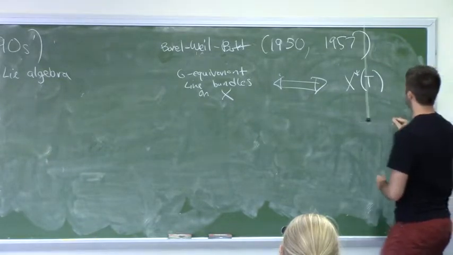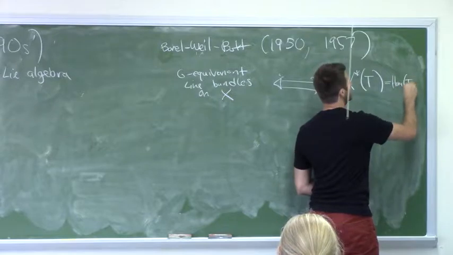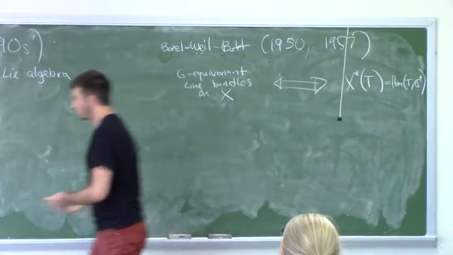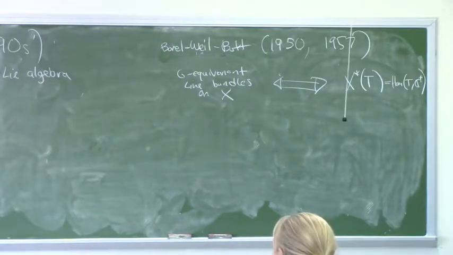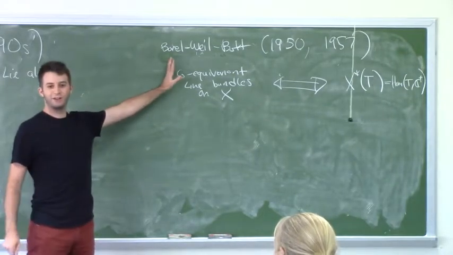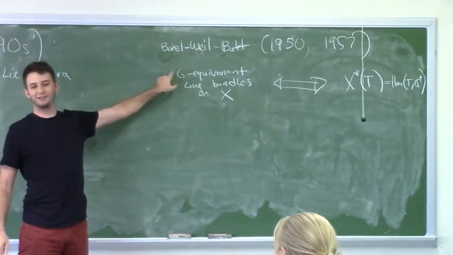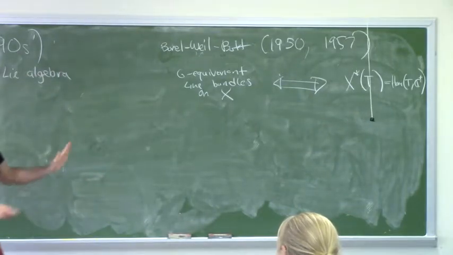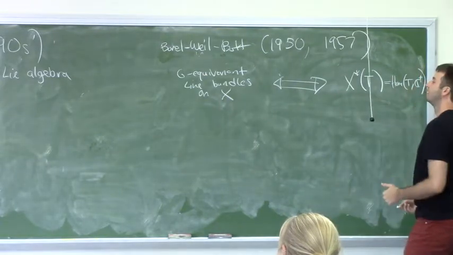So this is just going to be homomorphisms of T to C star. Well, maybe they're all. But I'm going to need the G-equivariant structure in a second, so it's important to me. It is true that it's all of them, but I'm going to want the fact that they're G-equivariant.